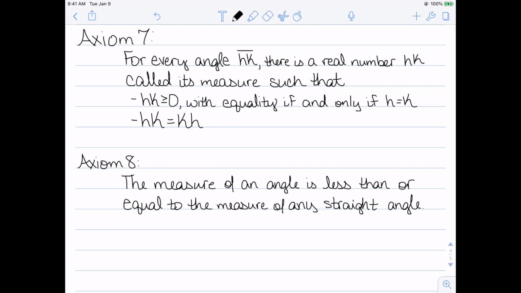For our purposes, this will be 180 degrees. If you're talking about radians, then this would be pi. But essentially, it's the measure of a straight angle, and that'll be the largest it can be. We are going to deal with degrees. So essentially, between these two axioms, I've stated that all angles are going to be between 0 and 180 degrees.